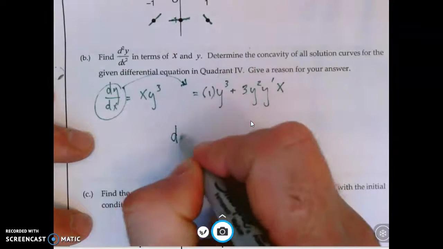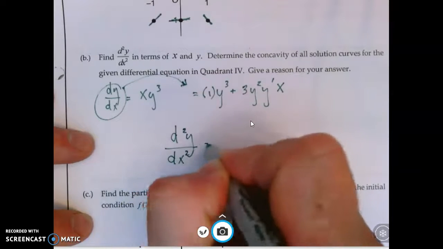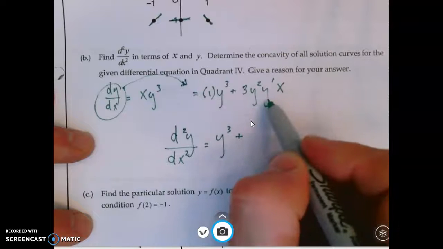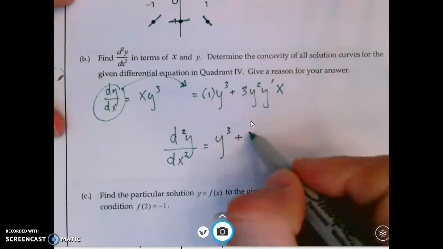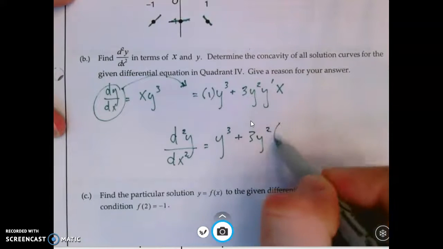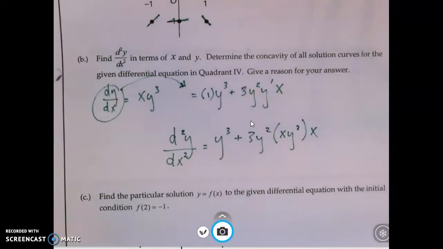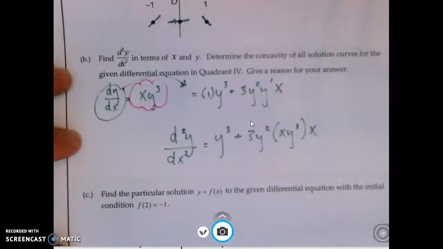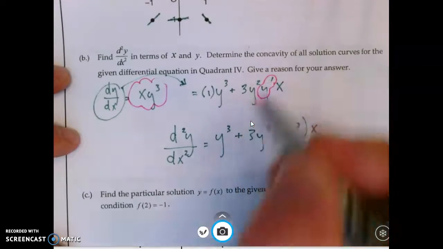So we're going to have y cubed just remains y cubed, plus I'm going to substitute in xy cubed here. So again, we know our original dy/dx is equal to xy cubed.